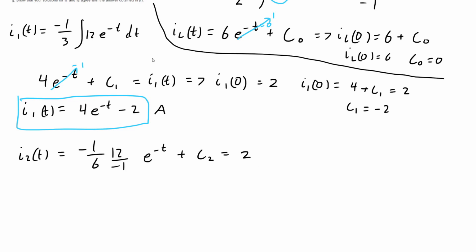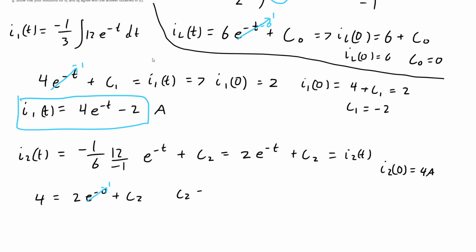Minus minus are going to cancel. 2 e to the minus t plus C2. That is i2(t). Now i2(0) is known to be 4 amps. So if we plug in 4 equals 2 e to the minus 0 plus C2, this goes to 1. That means that C2 has to equal 2.